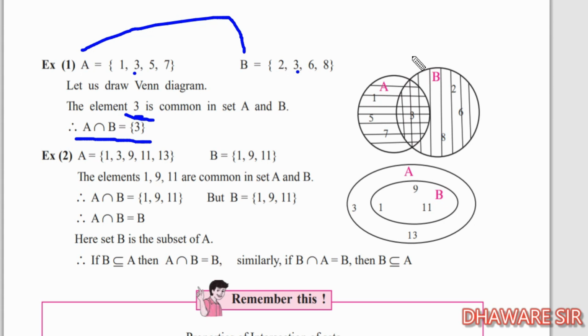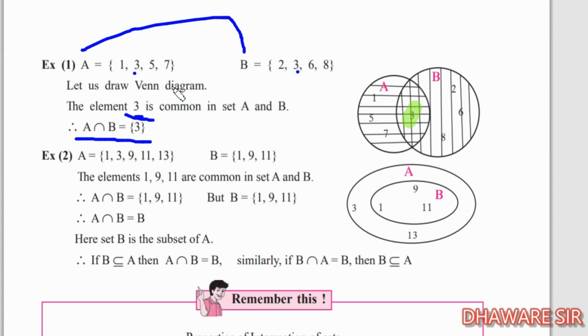From the Venn diagram, how can we show this? Let us draw the set A. In the first circle, we draw the set A. In the second circle, this is the set B. First of all, the common element which is in set A and set B, we write in the intersection of these circles. Here the circles intersect each other. So we write 3 here. This is our first step when drawing the Venn diagram. Now in the set A, what are the remaining elements?